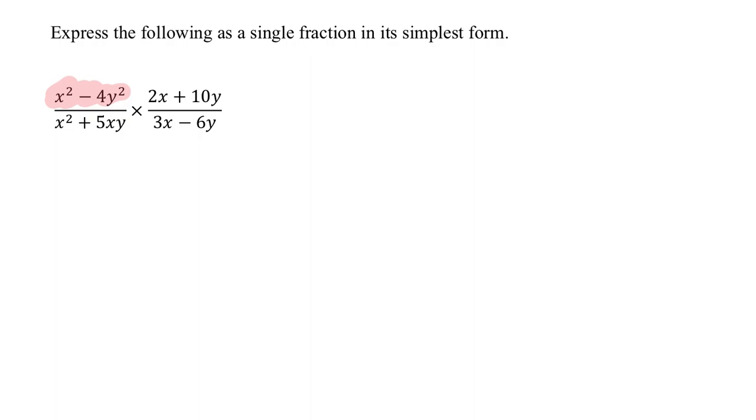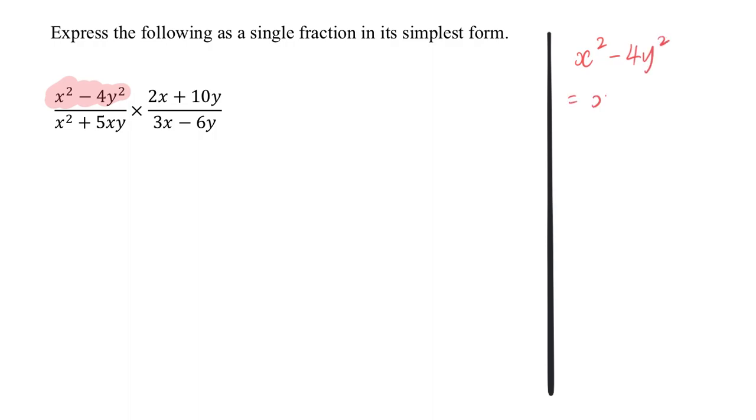Okay, so if you were to see on the right side, I would then have this x squared minus 4y squared as x squared minus (2y) squared, yeah? Because 2y times 2y is 4y squared, and I can then factorize them using this special product as such.